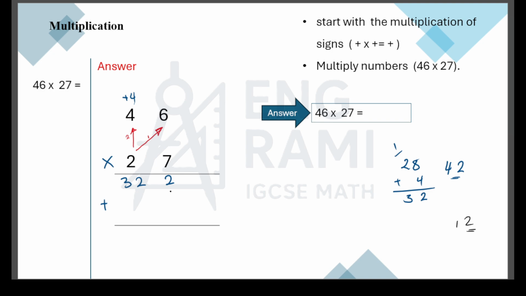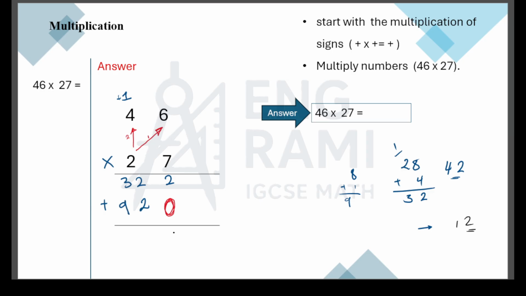We have to write 2 here. Before we start, we have to put 0 here beneath the ones, right? So we have 12, 2, and 1. And 2 multiplied by 4 equals 8. Plus 1 equals 9. Then we have to sum.